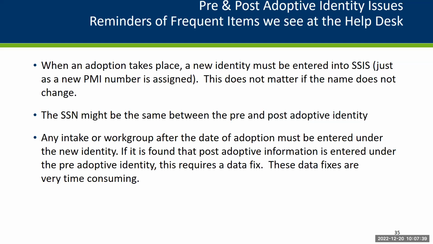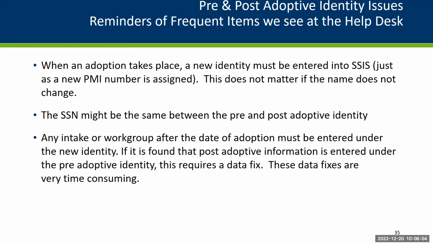A lot of times the names might not change at all, but we still need to enter that new person into SSIS. Also, the social security number can stay the same. I think most of the time we do see that between the pre and post adoptive identity. And we still need to enter these both separately.